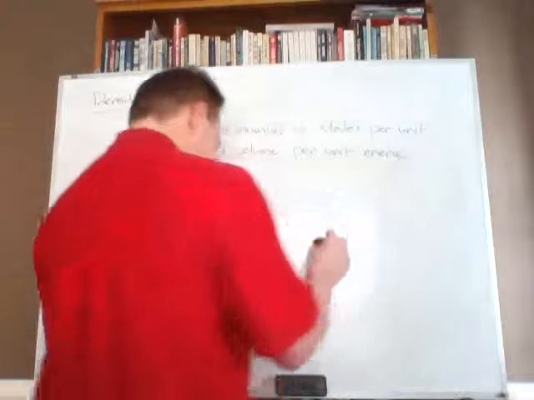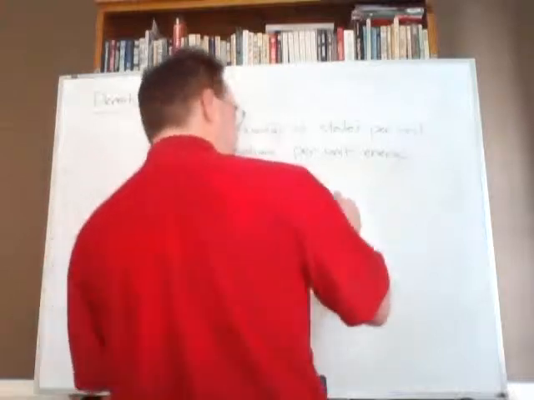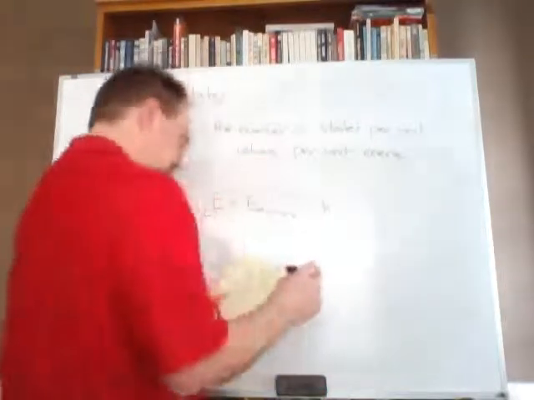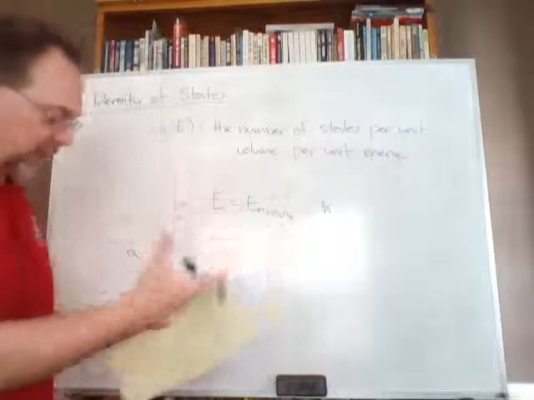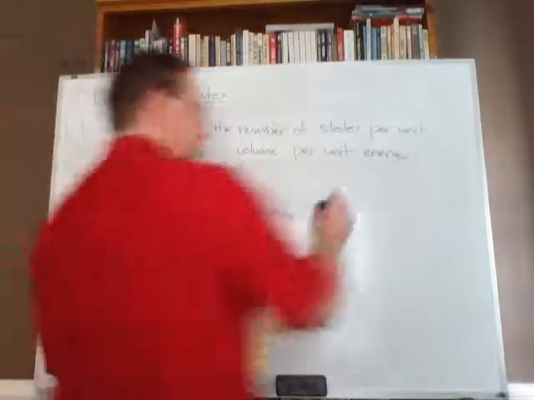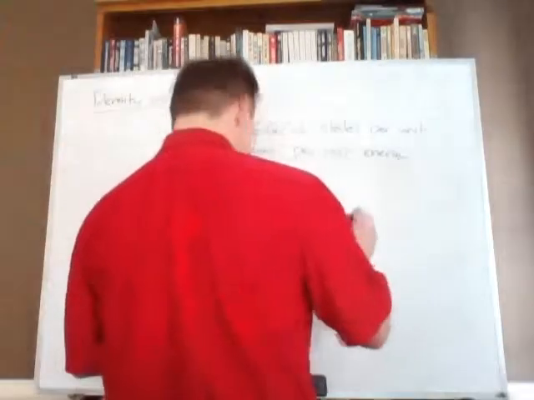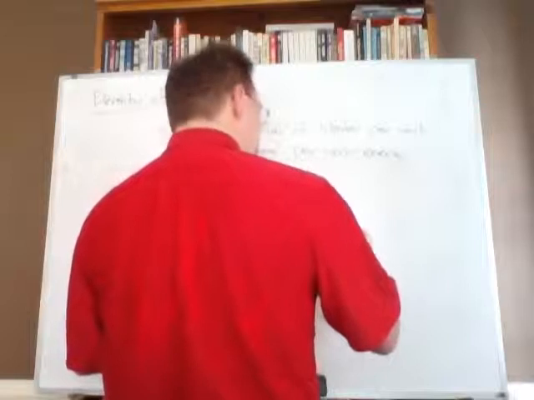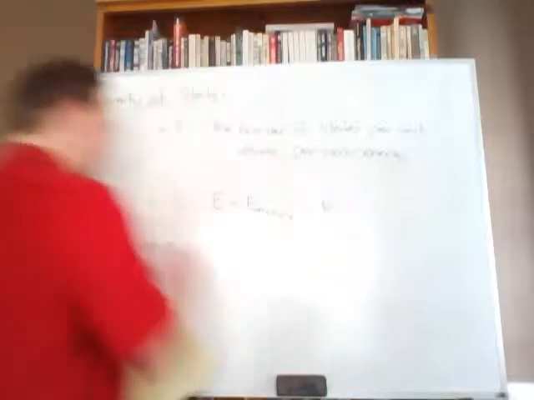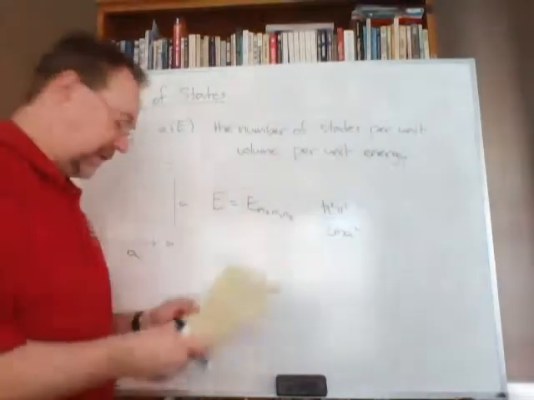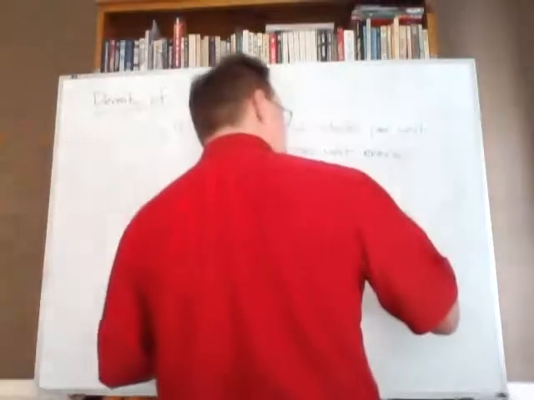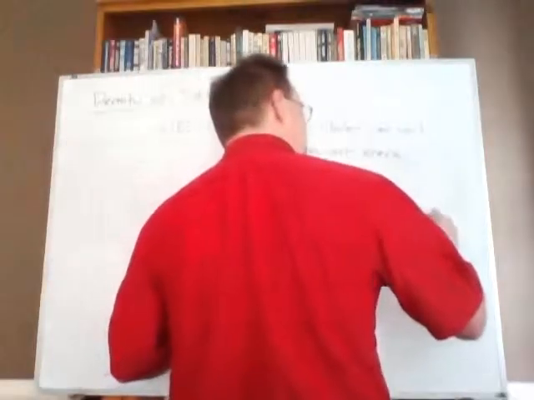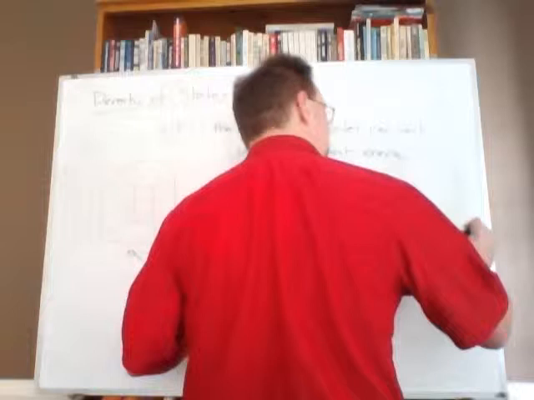The energy of each state, E sub nx, ny, nz, is h bar squared pi squared over 2ma squared, where a is the dimension of our box, times n sub x squared plus n sub y squared plus n sub z squared.